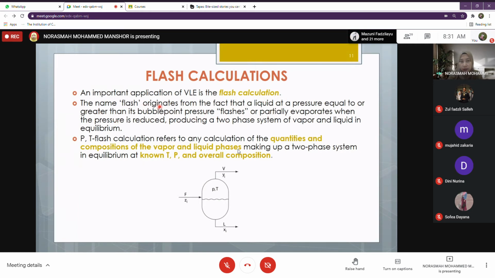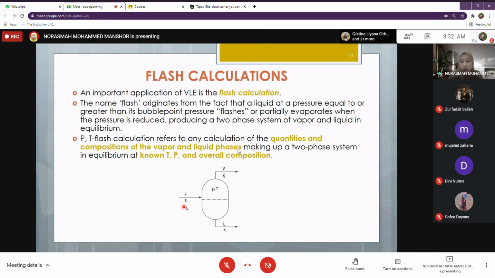The name flash originates from the fact that a liquid at a pressure equal to or greater than its bubble point pressure flashes, or partially evaporates, when the pressure is reduced, producing a two-phase system of vapor and liquid in equilibrium.